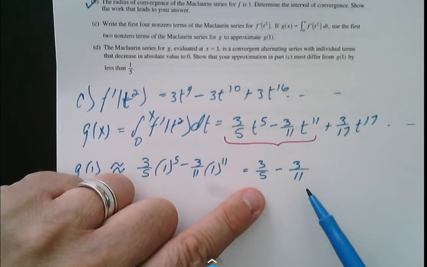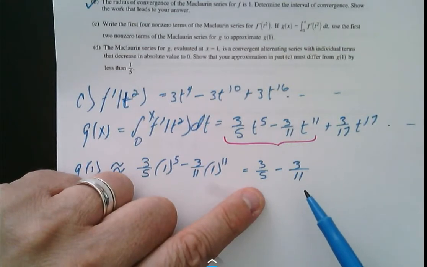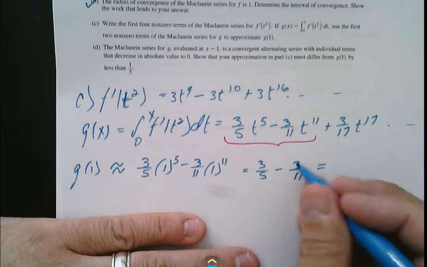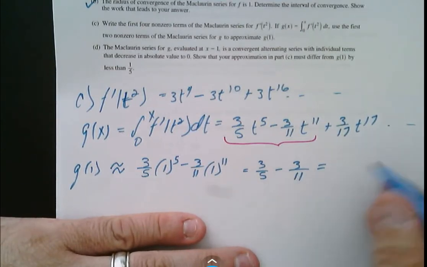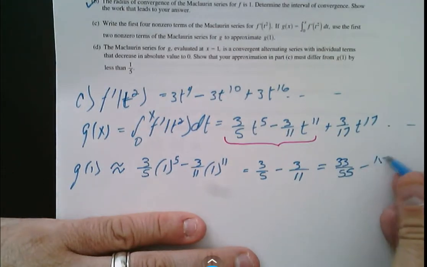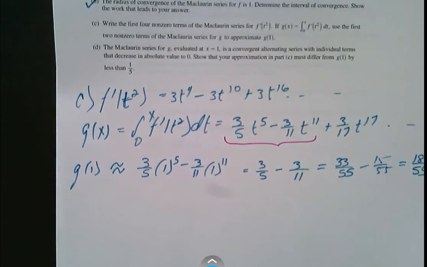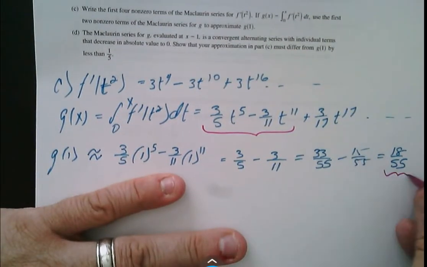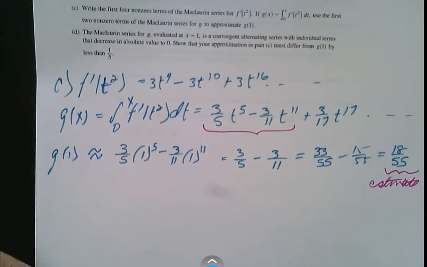But let's do a little bit more anyway. 3 over 5 minus 3 over 11, common denominator would be 55. 33 over 55 minus 15 over 55 is 18 over 55. This is my estimate. It's not my error, it's the estimate.